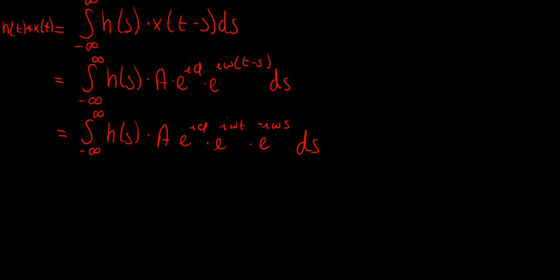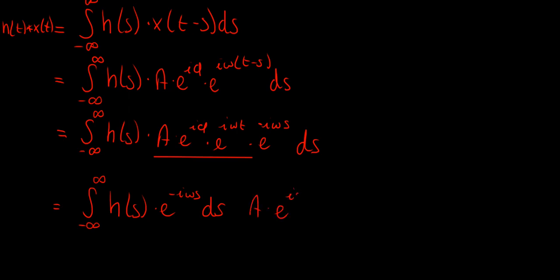However, our a, our e to the power i phi, and our e to the power i omega t are not dependent on s. So actually we can take those out. So we get the integral from minus infinity to infinity of our impulse response multiplied with e to the power minus i omega s, ds, and then this multiplied with a times e to the power i phi times e to the power i omega t.